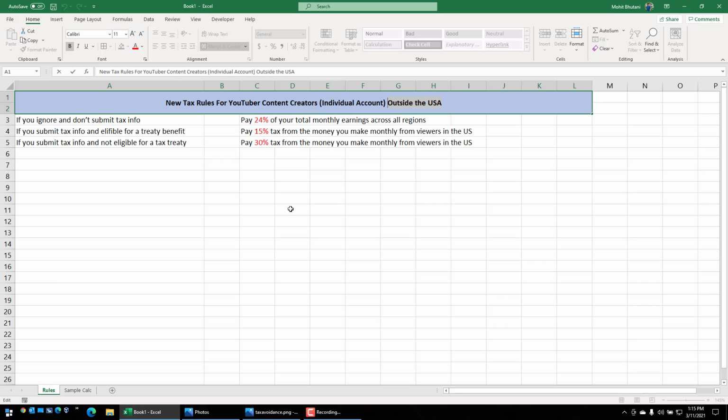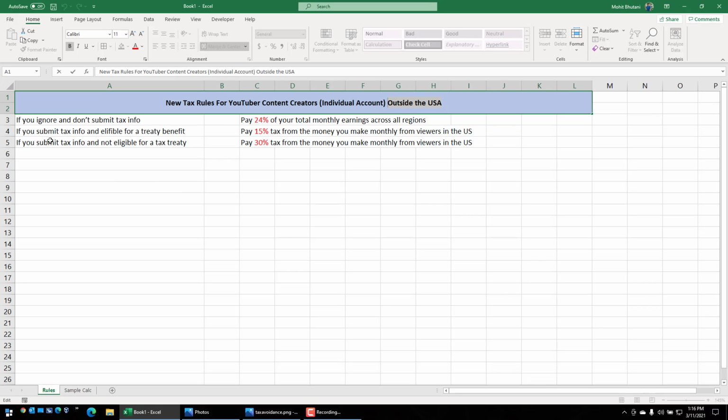So the first condition says if you ignore this entire thing, you do not furnish any tax information which is required by YouTube, then you would be liable to pay 24% tax on your earnings across the world. So for example, you make $1,000, then you will have to pay a whopping $240, which is 24% of $1,000, for that particular month.